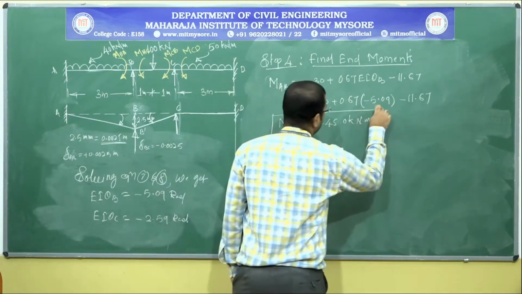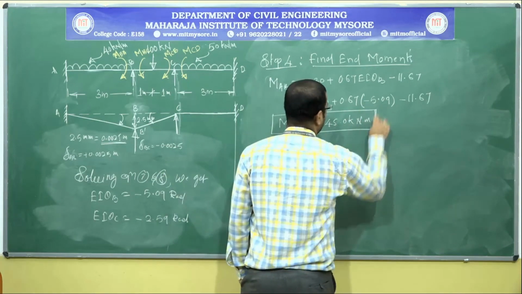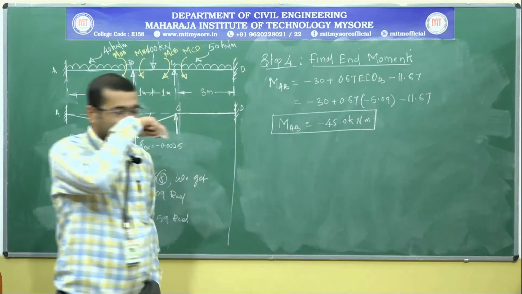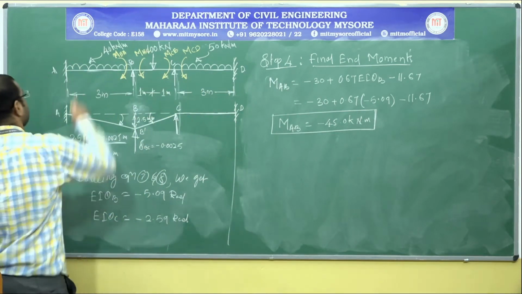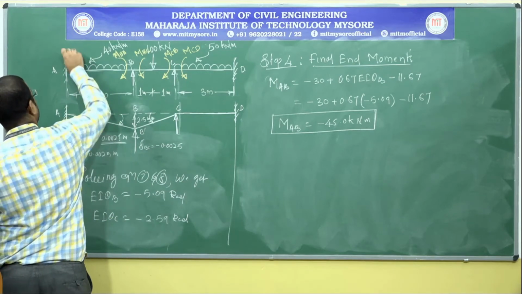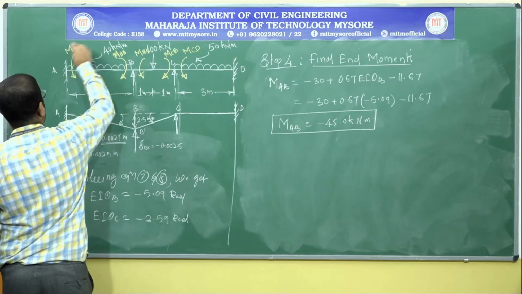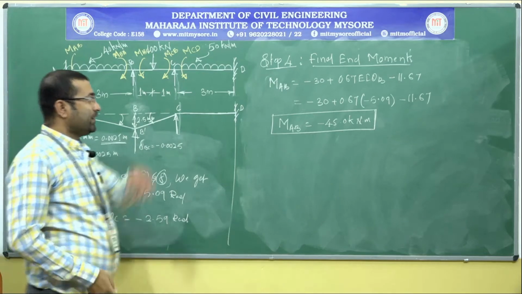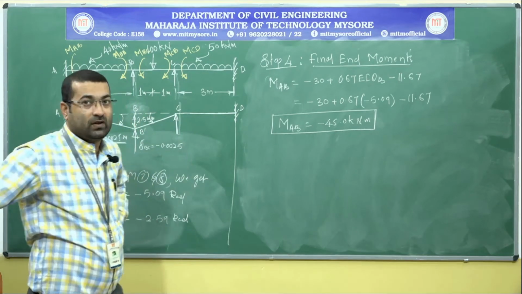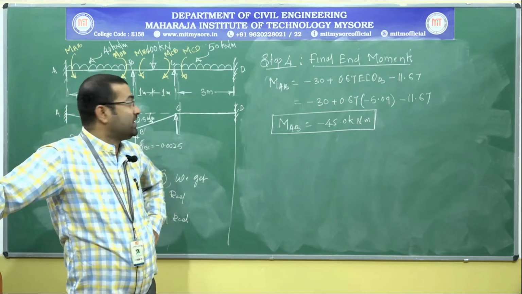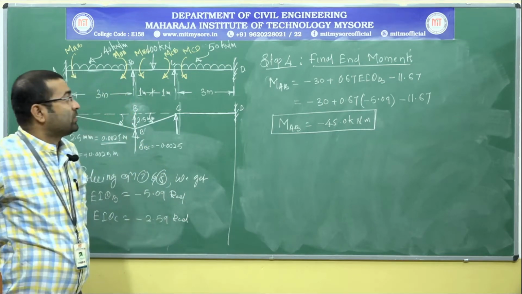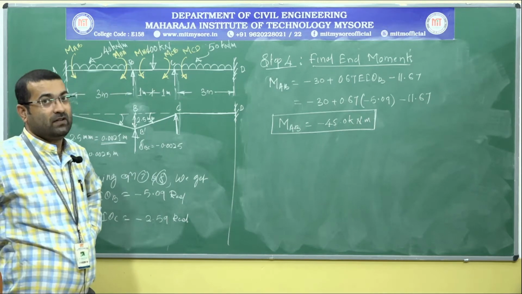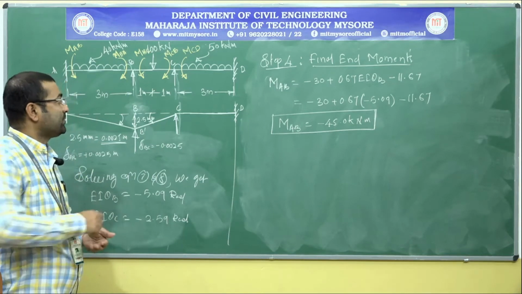So this is the final end moment at A, that is MAB. Similarly, using the equations which we have written in step number 2, that is MBA, MBC, MCB, MCD, we have to calculate the final end moments for those values.